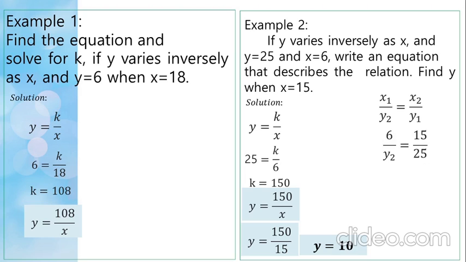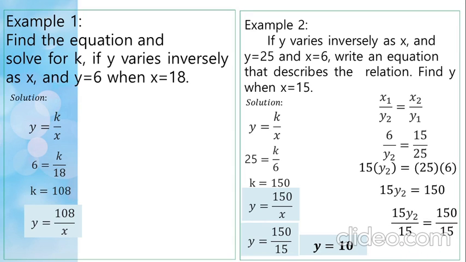So by substitution, we have 6 over y sub 2 equals 15 over 25. Get their cross products. So we have 15 times y sub 2 equals 25 times 6. 15 y sub 2 equals 150. Divide both sides by 15 to solve for y sub 2.